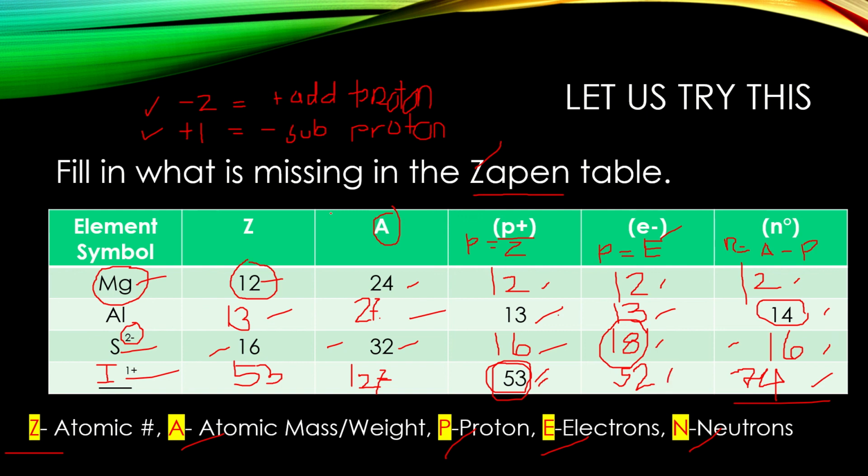Again, if the charge is positive, you need to subtract it from the proton so you can have your electron. If the charge is negative, you need to add this negative charge to the number of protons to have your electron. If you find it difficult, please replay and watch it again, alright?